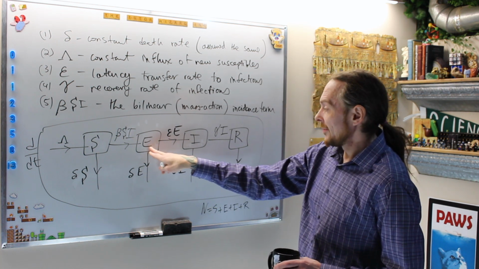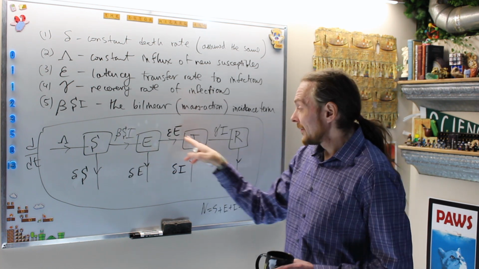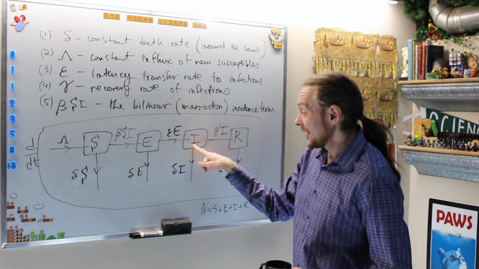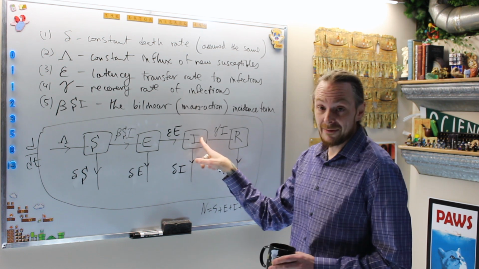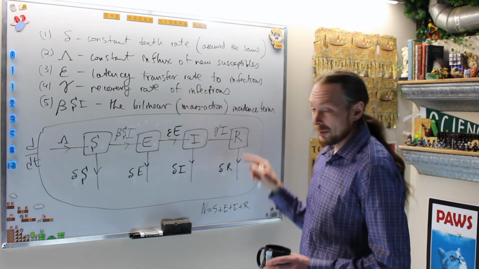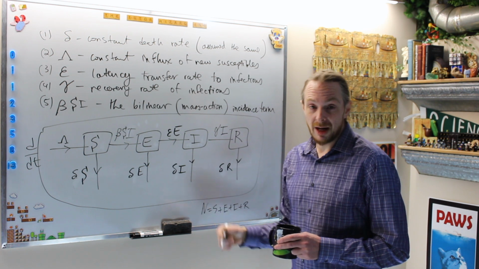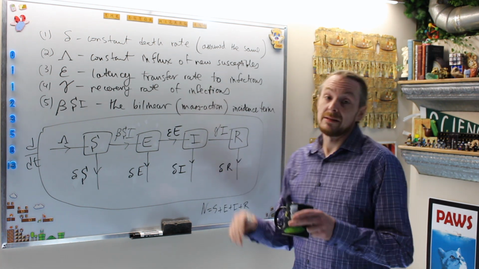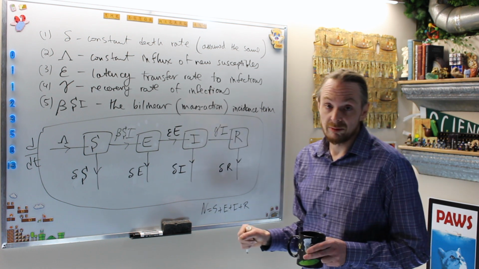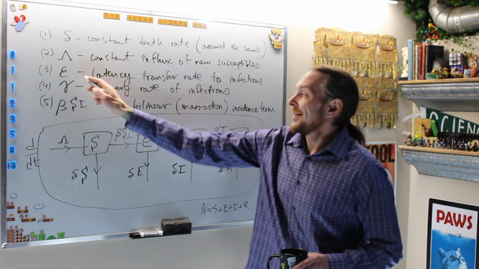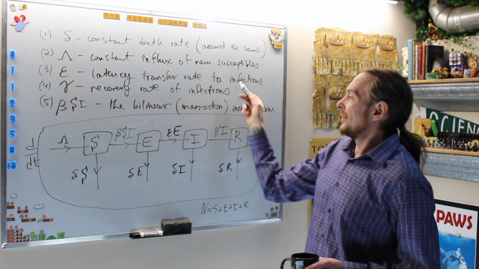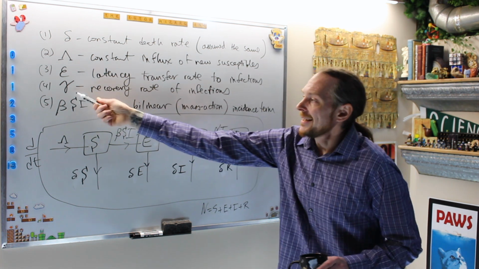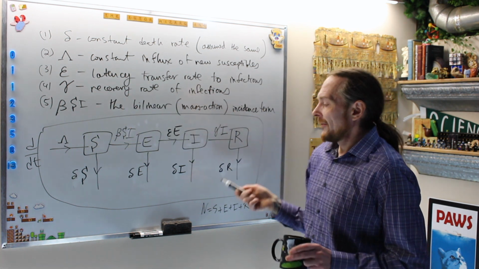Then you would move from being infected to infectious, where you can now spread the disease, and then eventually you will move from being infected, in this case, to being removed, which means either you've recovered from the coronavirus or you've died or whatever else scenarios they have, but essentially that's the box of being removed. So epsilon is the latency transfer rate to infectious, and gamma is the recovery rate of infection.